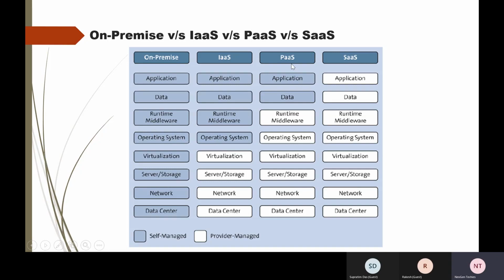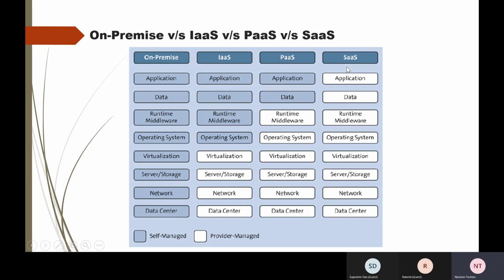In platform as a service, the cloud providers provide you the operating systems, database, and applications. You are only responsible for accessing and managing your data in the platform as a service. In software as a service, everything is managed by the cloud providers.